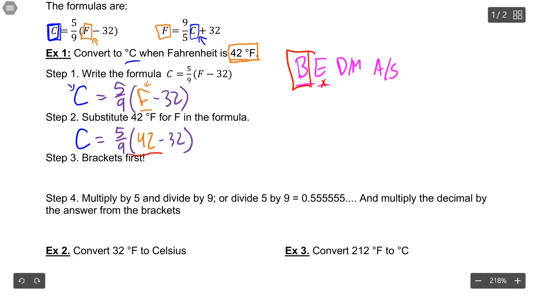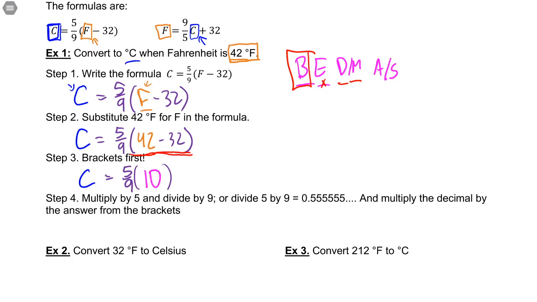We have brackets in our expression right there, which means the first thing we need to do is our 42 minus 32 in our brackets before we get to our multiplication and our division in front with the 5/9. So brackets first is going to be C equals 5/9, and my number in the brackets now, 42 minus 32, is 10.